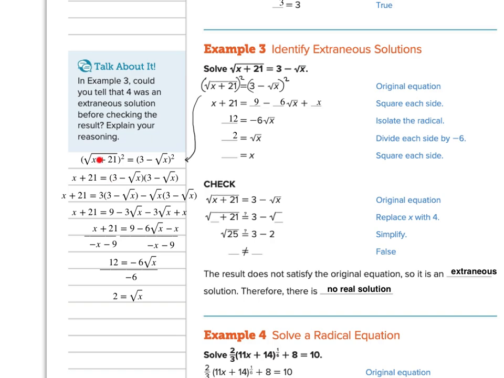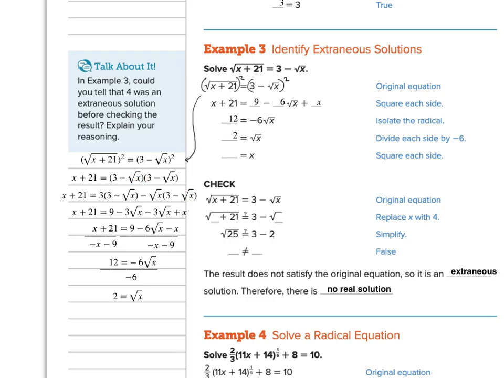Of course, squaring this side just made it x plus 21. Here, though, we have the FOIL method, and that would become 3 times 3, 3 times negative square root of x, negative square root of x times 3, and then negative square root of x times negative square root of x.